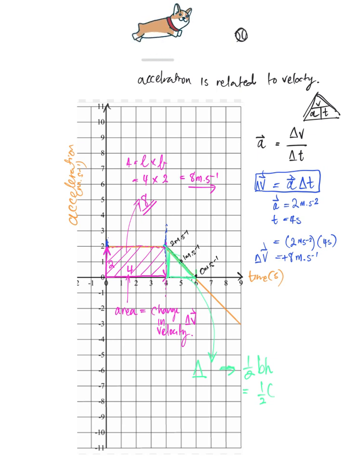So if I just want to look at that, I know my base is 2 seconds and my height is 2 meters per second squared, and I'm going to end up with 2 meters per second, which is my delta V, my change in velocity.